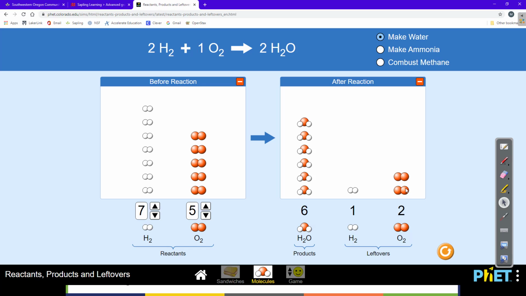I have two molecules of O2 left, but I only have one molecule of H2 left, and my recipe says I need two. So this is like the bread, right? H2 is the bread. I only have one slice of bread left. I can't do this recipe, so I have two leftover pieces of cheese. So bread is my limiting reactant, hydrogen is the limiting reactant, and oxygen is the excess reactant.